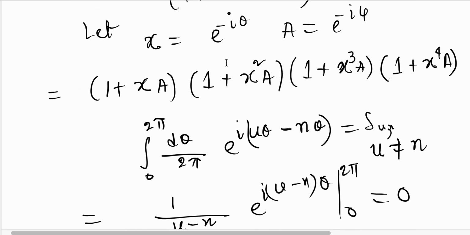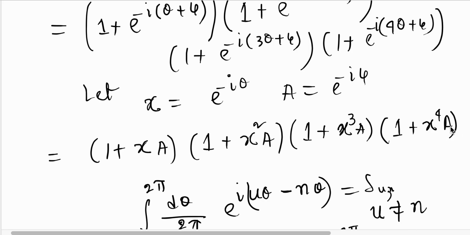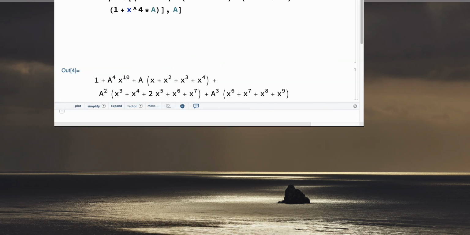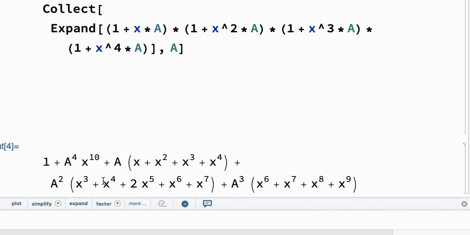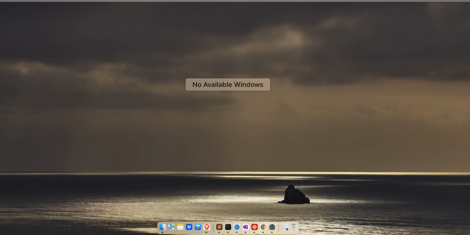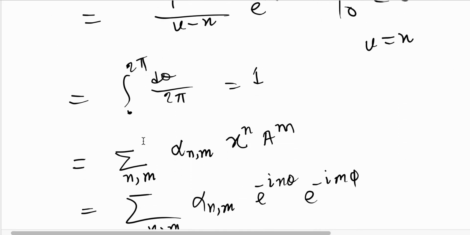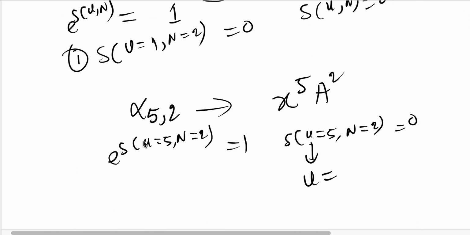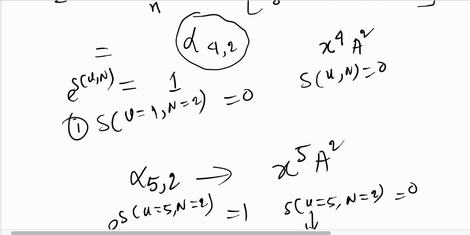I should have put a there. By mistake I put 4, so my expression was wrong. Now I have corrected it. Now let me check the second case, where u equal to 5. Pardon me for the wrong thing I did there.